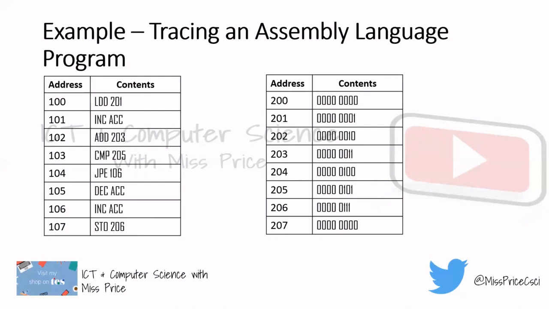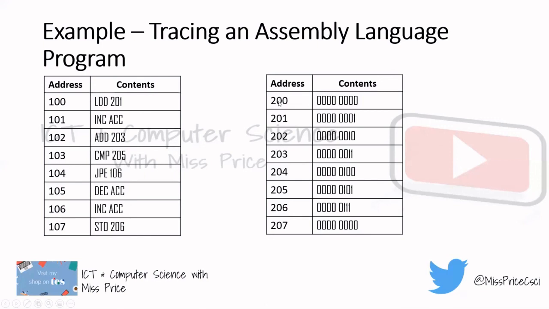So we've got our registers here, and we've got our addresses. What happens is these get translated into 8-bit values. So number 100 is the LDD 201, and these all have addresses.